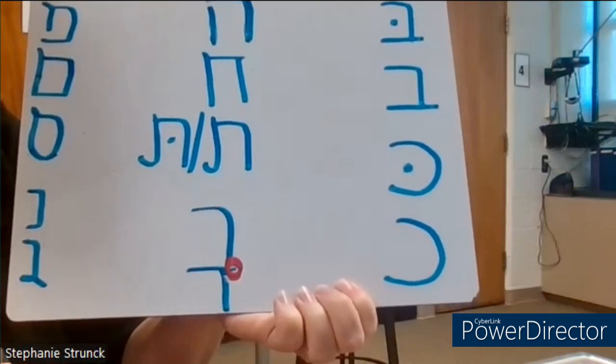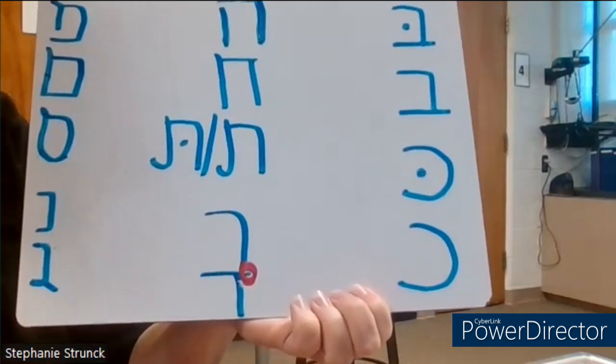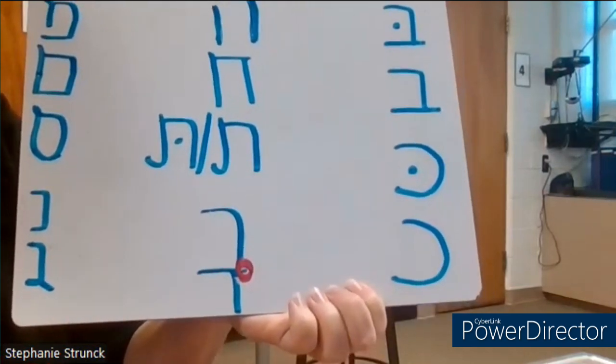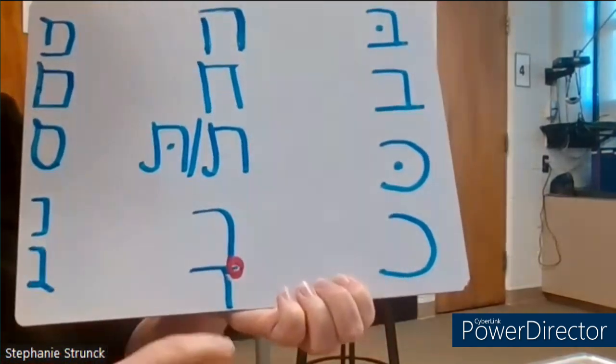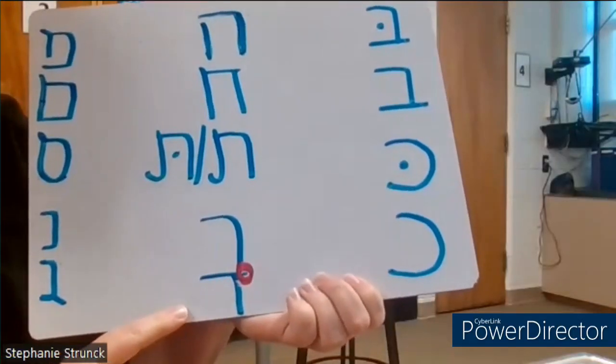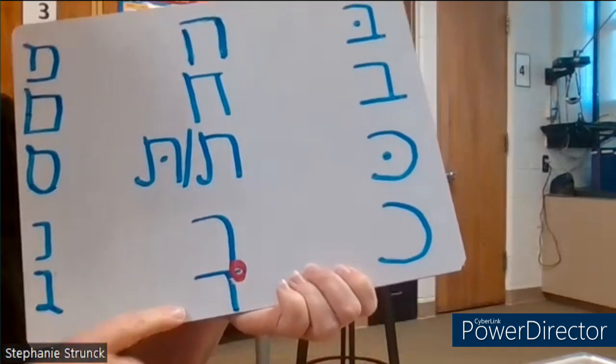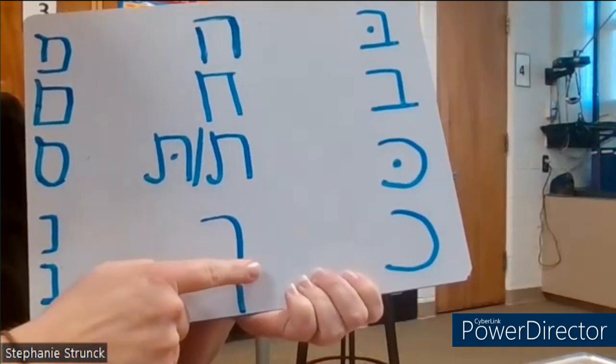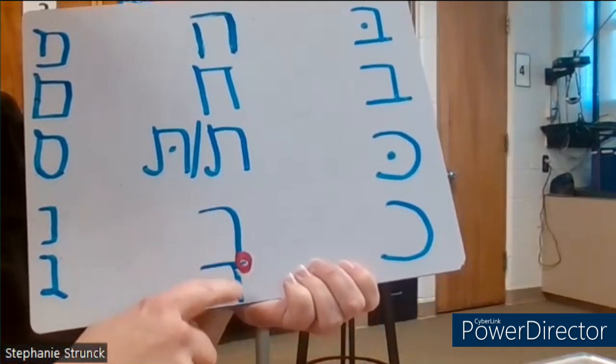Duh, it has a tail. So we get that duh sound that dalet makes. If you work with one of my other helpers in the classroom, he'll say dalet divides into two lines, the one that you draw going across and the one that you draw going down.